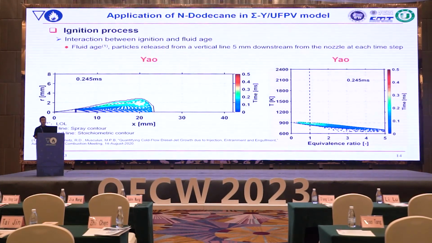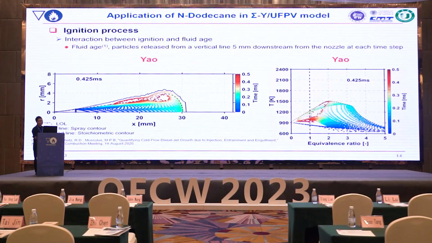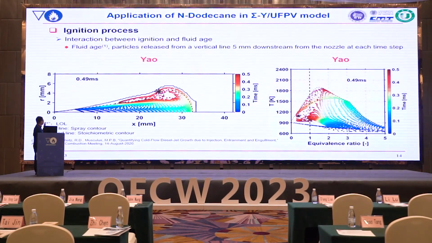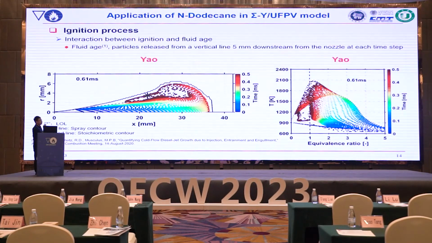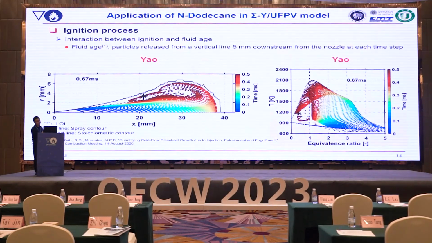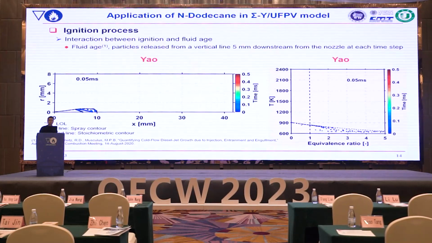We call the residence time of the fluid aging. It means that we release massless particles from downstream, about 5 millimeters from the nozzle, each time, and then we check all the particles following the velocity and check the mixing.